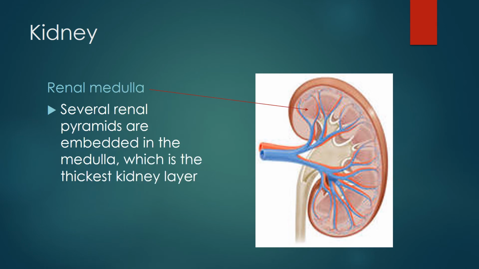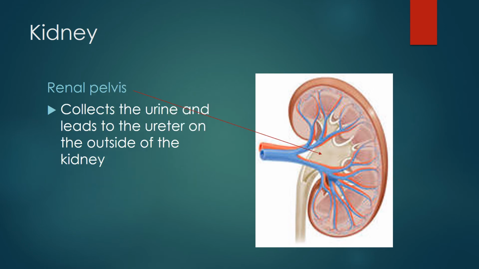The renal medulla is comprised of several renal pyramids that are embedded in the medulla, which is the thickest kidney layer. The renal pelvis collects the urine and leads to the ureter on the outside of the kidney. The ureters are urine-bearing tubes that exit the kidney and empty into the urinary bladder.